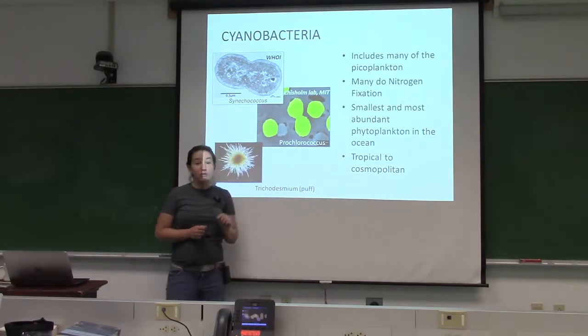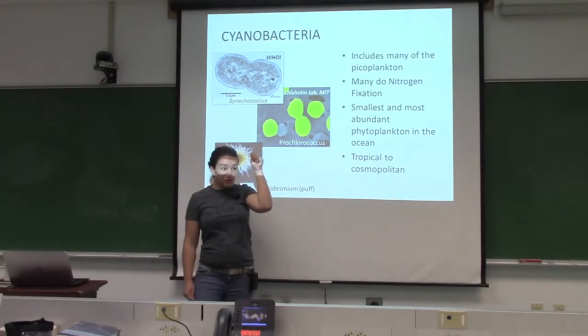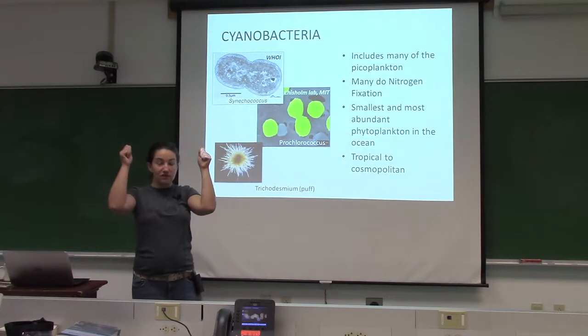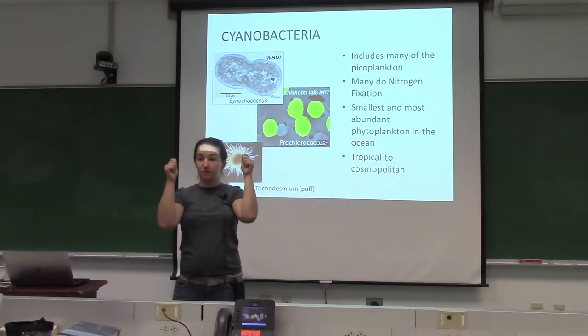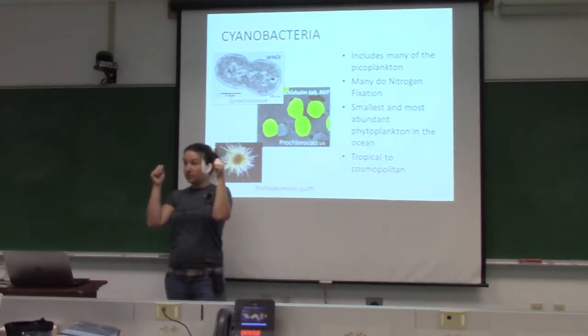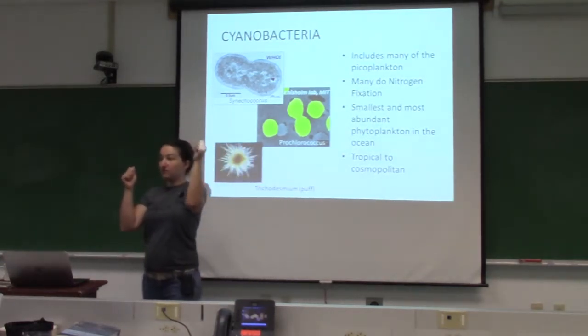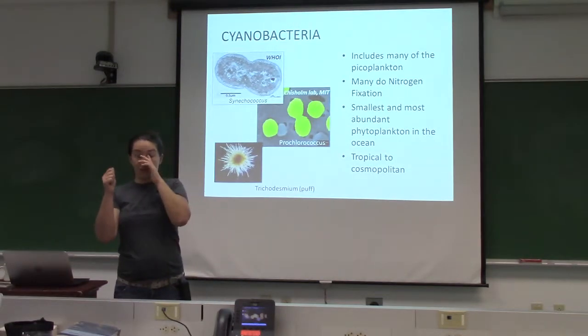Now, one cool part of the story is that the enzymes that do nitrogen fixation cannot exist in an oxygenated environment. So what do you do now? You're phytoplankton, you're producing oxygen, but your nitrogen enzyme cannot work while oxygen is present.